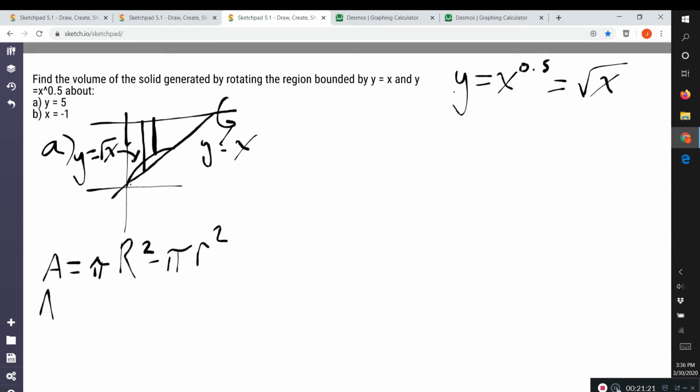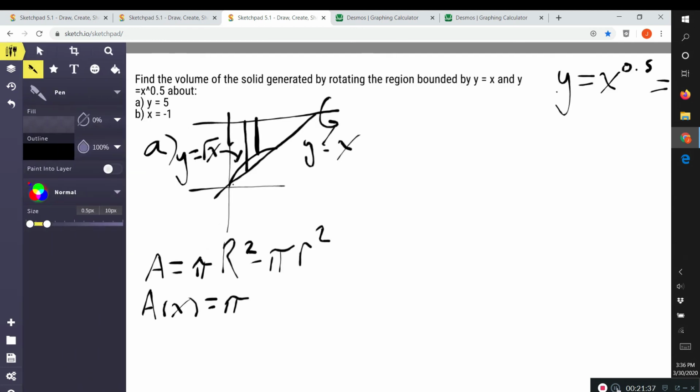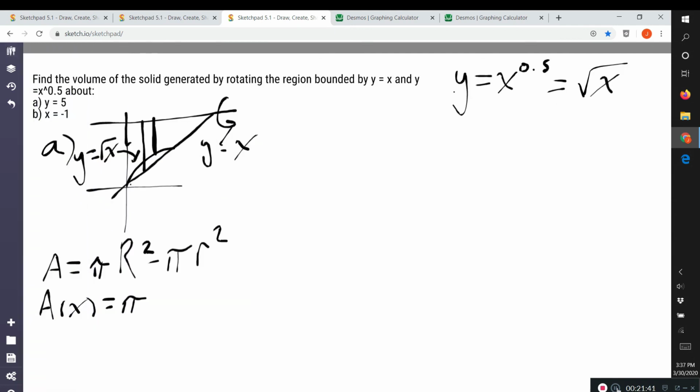In terms of x, our big radius, and this is where you have to get creative, is not the line y equals x. That's not the radius. Y equals x represents this distance right here.